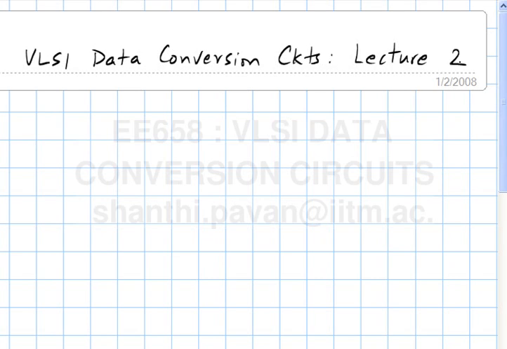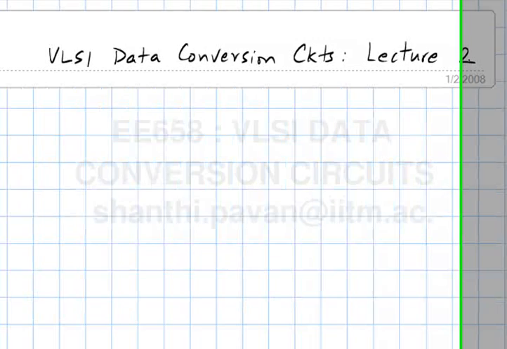So yesterday we saw that this whole process of data conversion involves a combination of anti-alias filtering, and then you have sampling, which quantizes time, and then you have amplitude quantization.